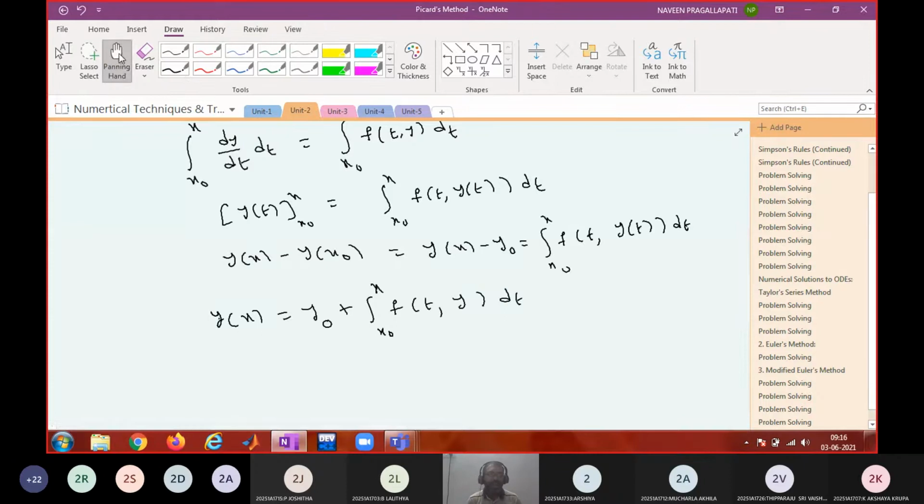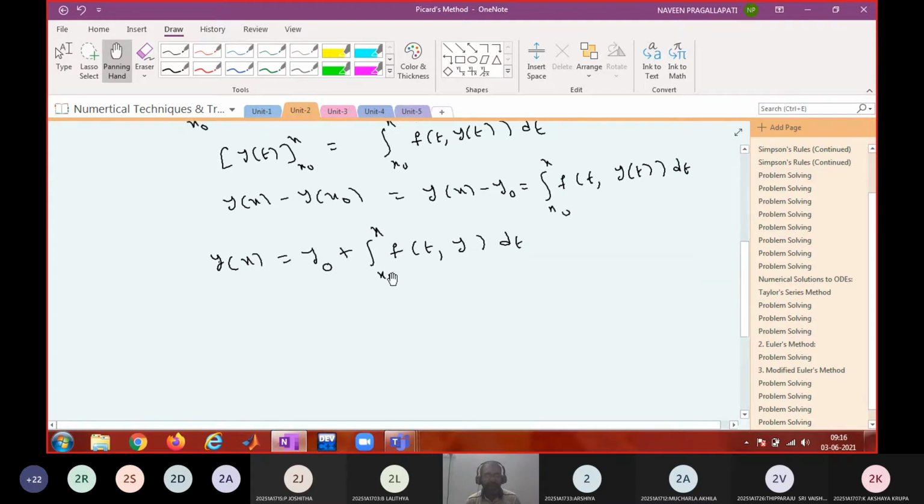Again the problem is you want y, but the expression is also in terms of y, which we don't know. So you have to start with some initial approximation and repeatedly apply this formula, so that you get a sequence of approximations. So what we are going to do is write like this.